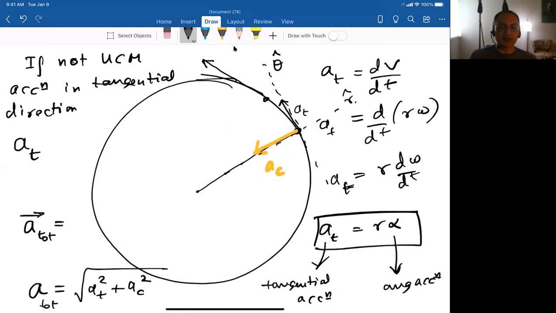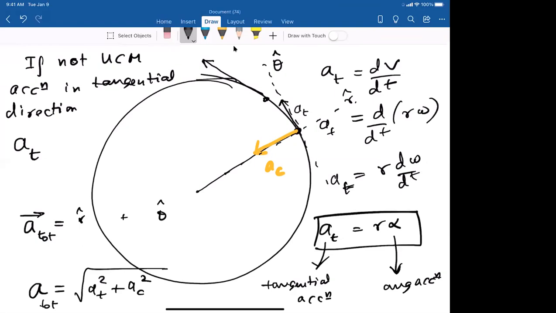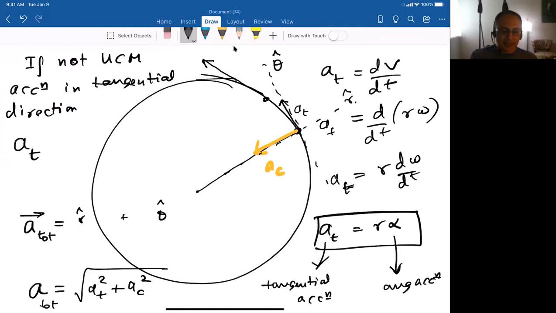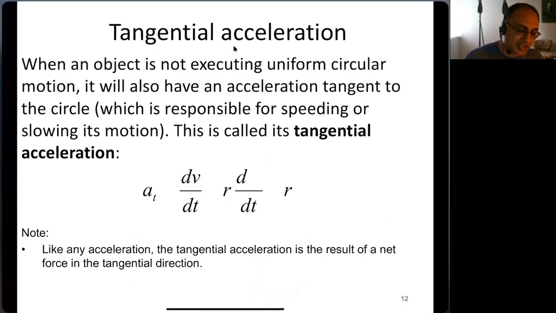So it would be r hat something plus theta hat something. Yeah, and typically the direction of r hat is radially outwards. So it's minus r hat a sub c plus theta hat a sub t. Though we are really not going to use this form at all. It's just an exercise in writing a vector, that's all. Is that clear to all of you? And the magnitude of a total is simply the square root of the sum of the squares of the two components.